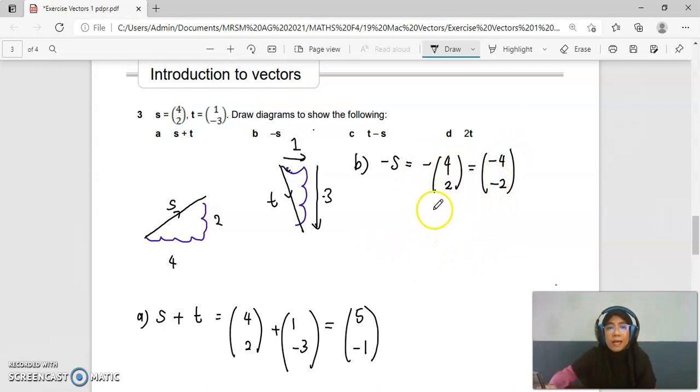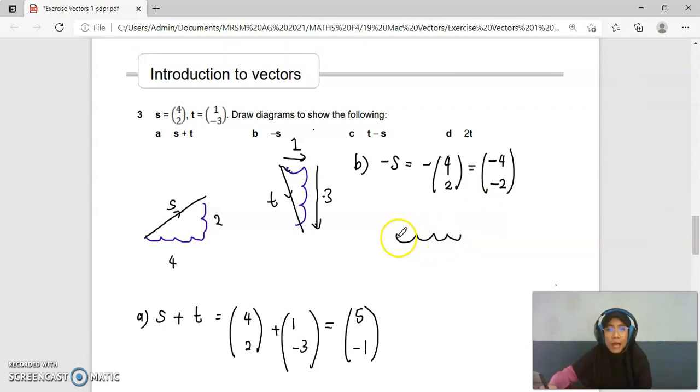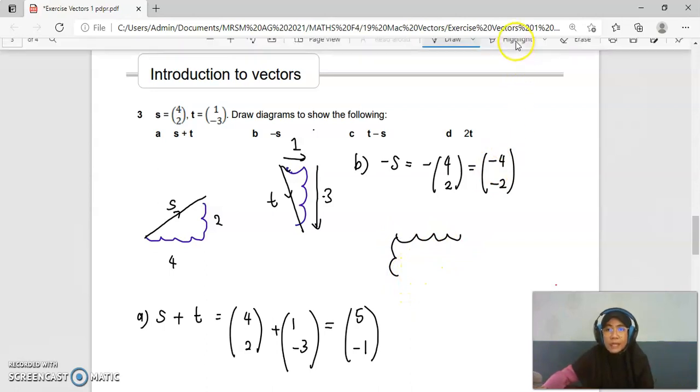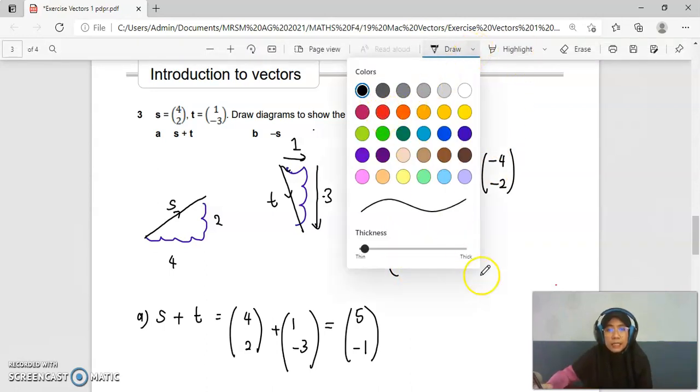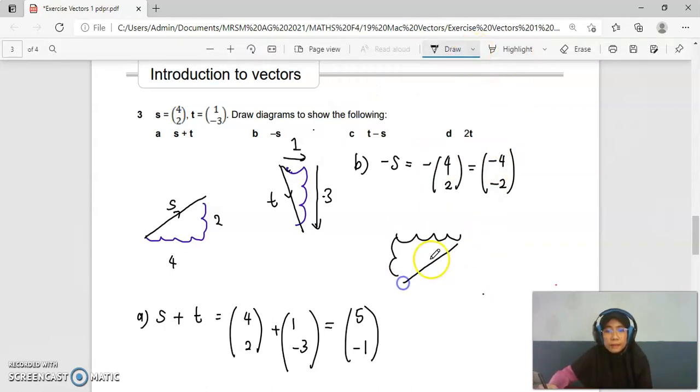So how to draw negative 4, negative 2? Negative 4 is 1, 2, 3, 4 to the left, and 1, 2 downward. So s is here, negative s is here.